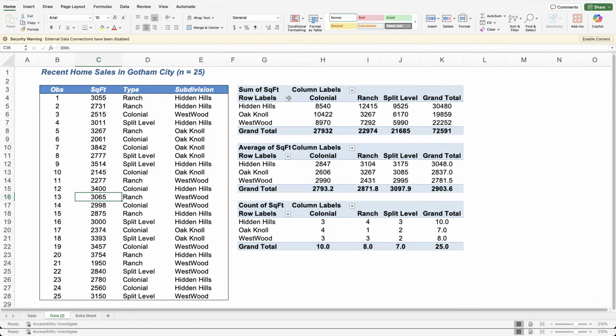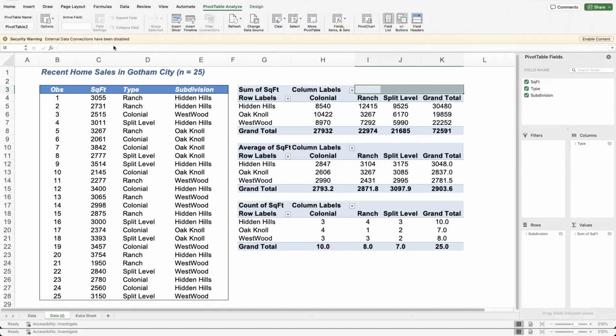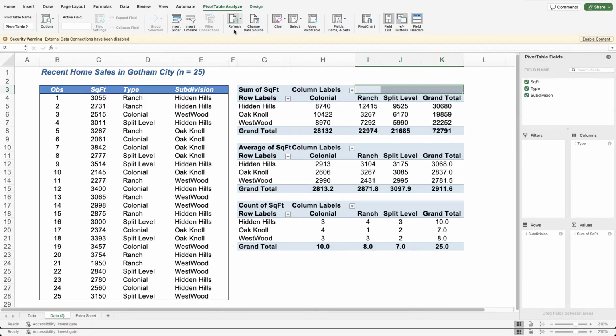I can also go into the pivot table and say pivot table analysis. There's a refresh button up here somewhere, right there, refresh, boom. See how things changed? Look at these numbers here. Middle table, colonial, because I'm changing a colonial house, right? I changed it from 32 to 34. All of those numbers change.